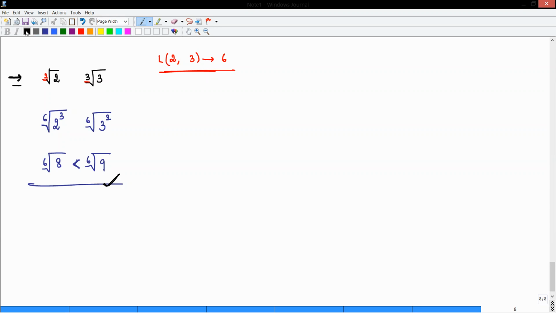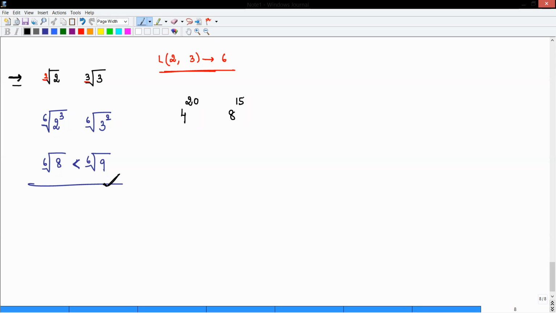So you can say 6th root of 9 is greater than 6th root of 8. So here we have equated the powers. Now 4 power 20, 8 power 15.